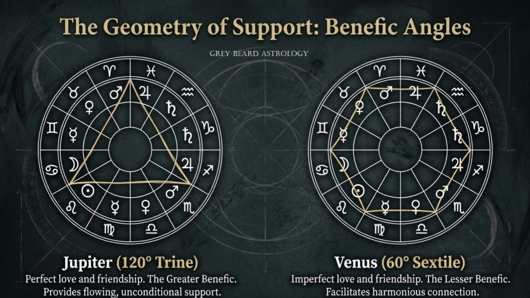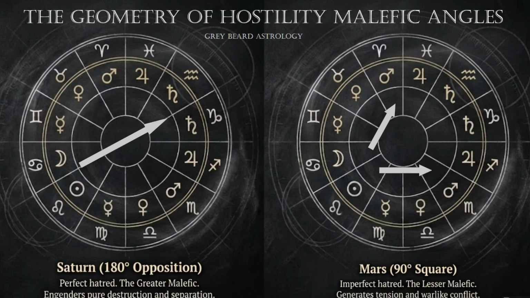And I'll bet we're going to have to go back and talk about Mars here. I had mentioned that the greater malefic, Saturn, is perfect hatred. Now, Mars, being the lesser malefic, is imperfect hatred. The lesser malefic generates tension and warlike conflict. So picture Saturn as being like the immovable force, like the corporation you can't defend yourself against.